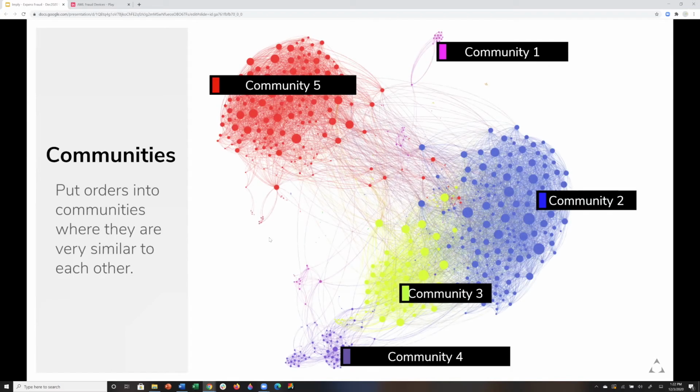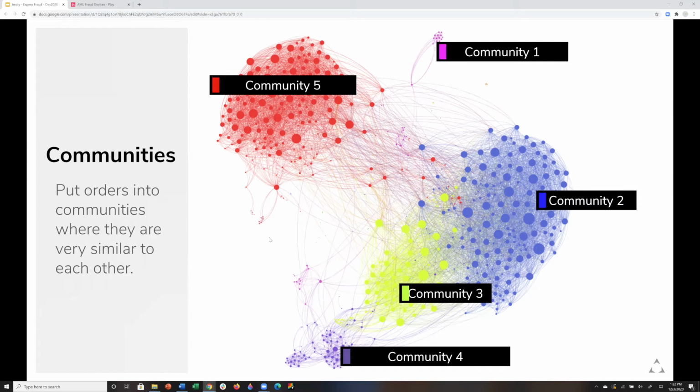all of these similarity scores and then begin to bundle all of my orders or corporate transactions or money transfers, what have you. I can then begin to bundle those things into communities, and each of these communities on their surface don't mean anything other than these people are similar to each other, or these entities are similar to each other.